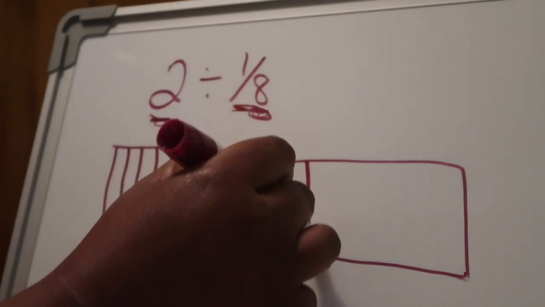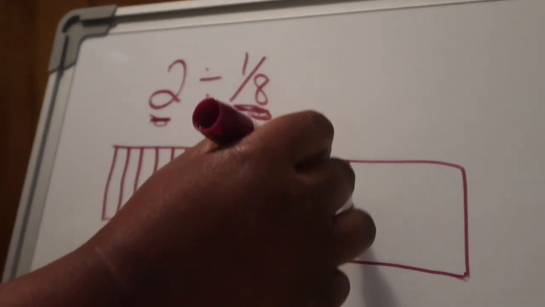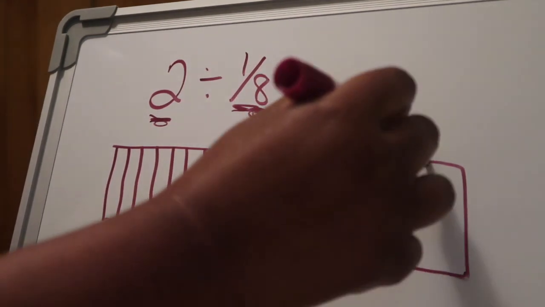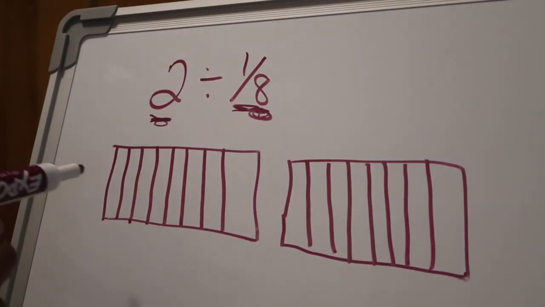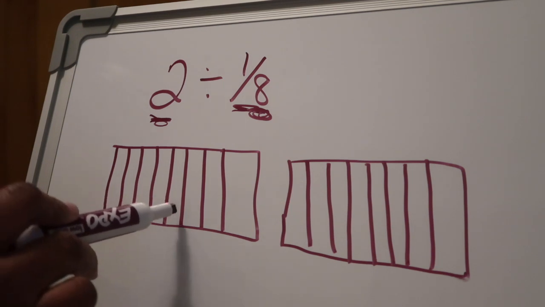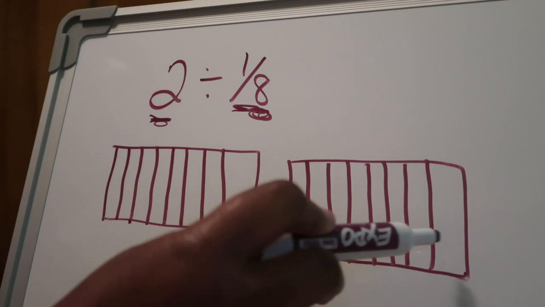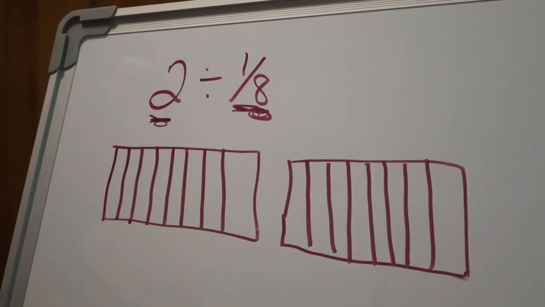So let me just check. 1, 2, 3, 4, 5, 6, 7, 8. 1, 2, 3, 4, 5, 6, 7, 8. So I've divided both rectangles into 8ths.